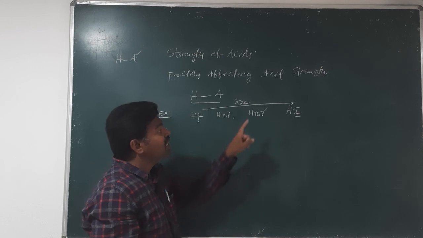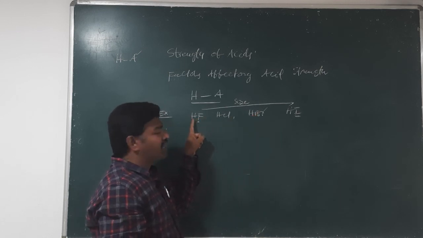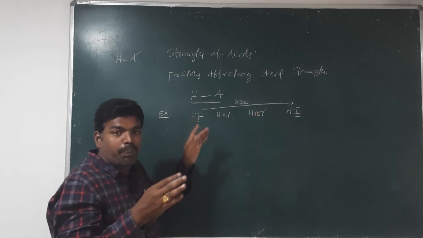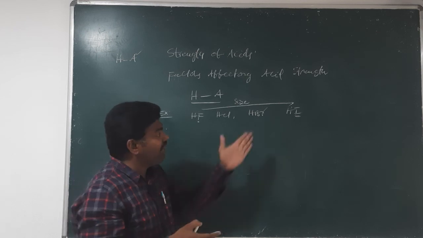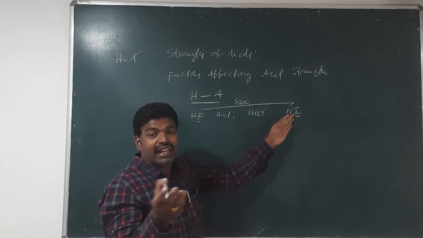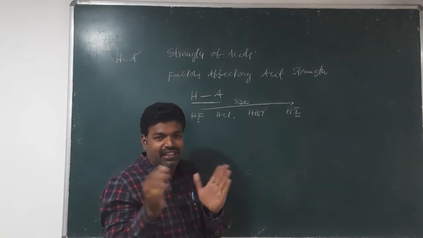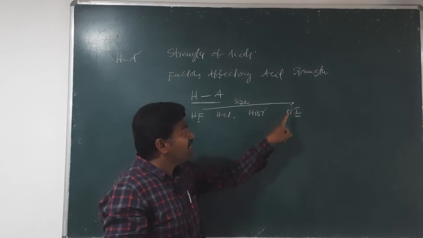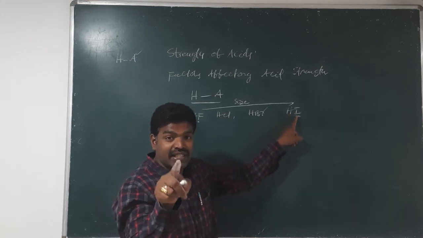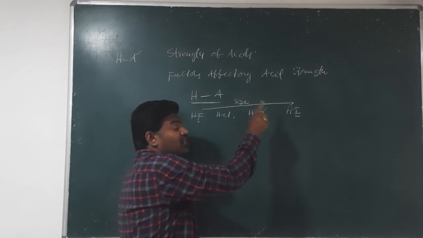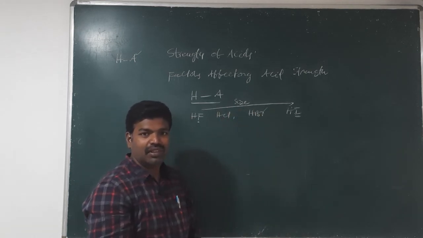That means HF takes the highest energy to break, whereas HI takes the lowest energy to break. That's why HI can leave the proton easily, so HI is the strongest acid.